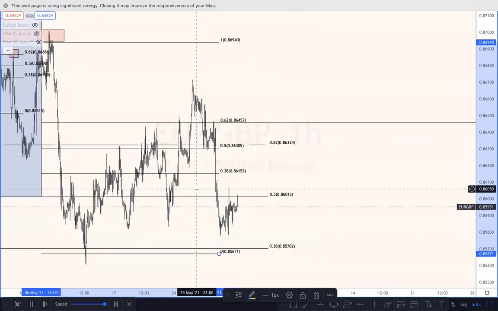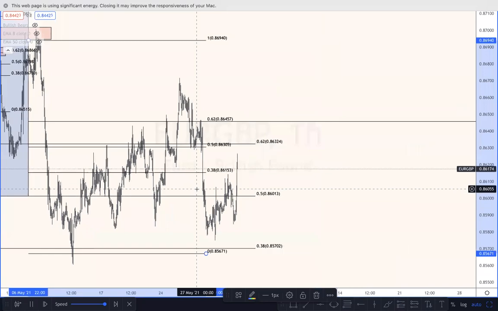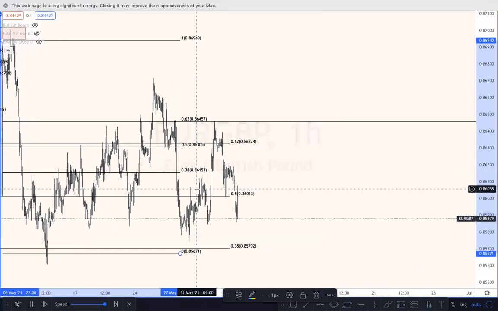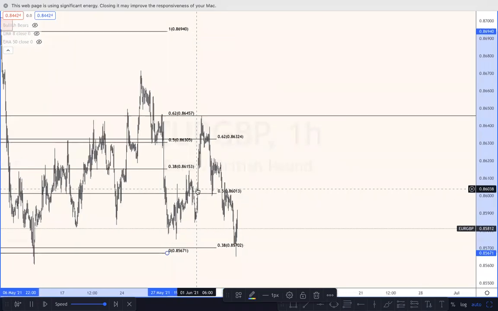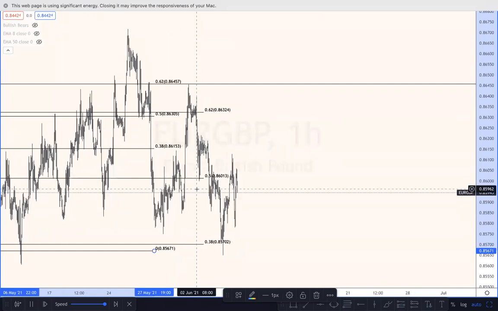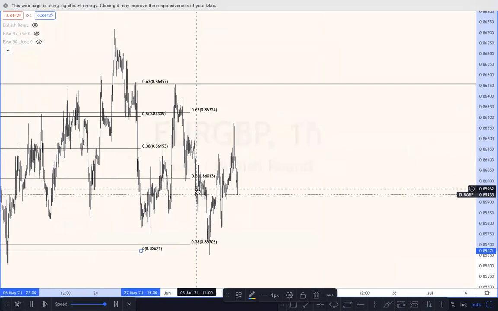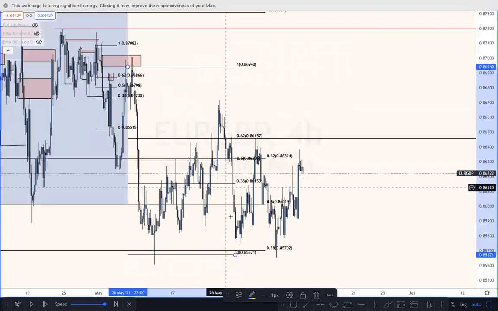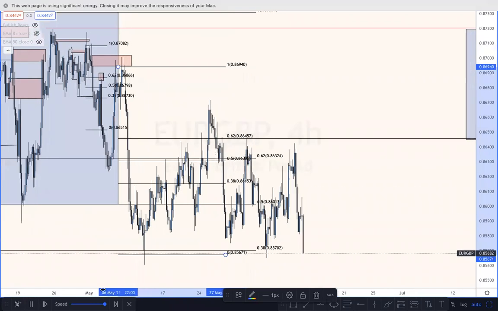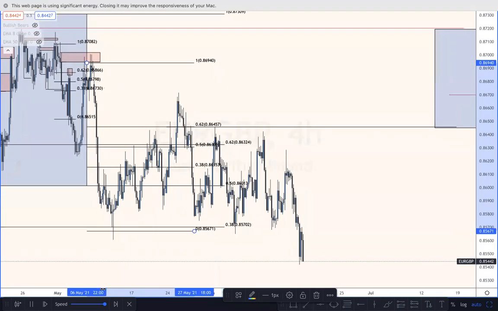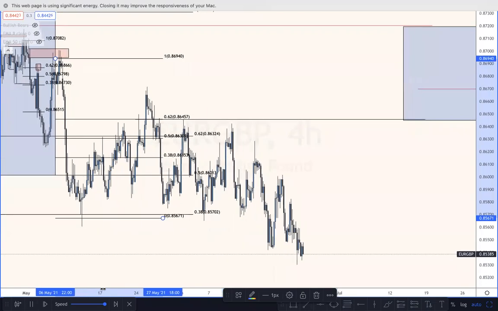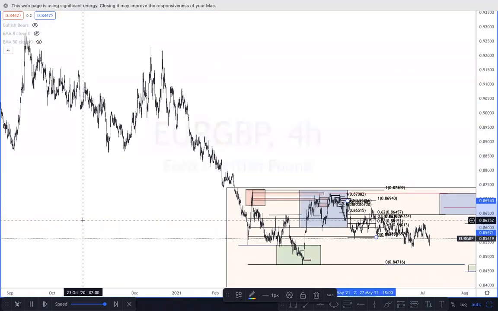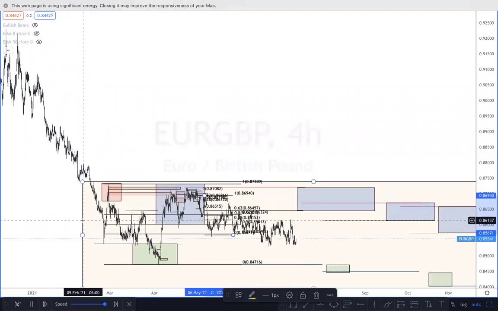We're back down again. Keep watching. Going 4 hour. I need it a bit faster. Whenever we reach the green zone, watch what happens.